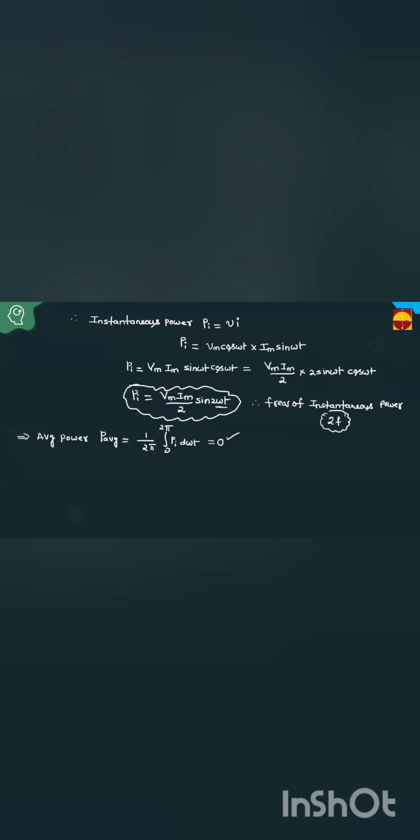That is, if the supply frequency is f, then the frequency of instantaneous power equals 2f. Now, if you draw the power curve for a pure inductor, listen.